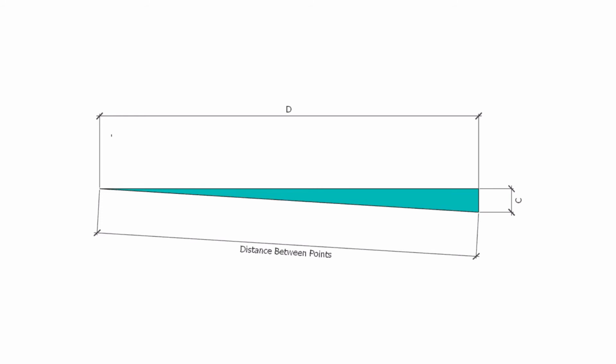And that's what allows us to calculate the value of D when we know only the distance between the points and their relative difference to a horizontal level line, the value of C. And because we can determine D from calculation, we don't need to measure the relative distance between the points along that line D.